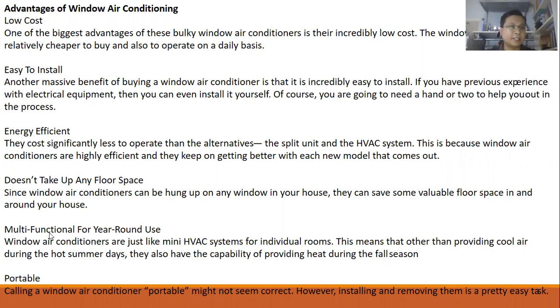Multifunctional for year-round use. The window air conditioner is just like a mini heat pump system for individual rooms. This means that other than providing cool air during the hot summer days, they also have the capability of providing heat during the fall season. So we can just install one window aircon and then we can use it the whole year.